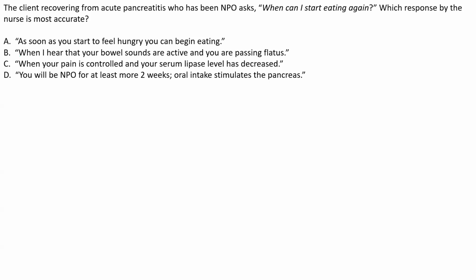So the healing process for the pancreas is indicated by two things: pain level has been under control or declined to the lowest level, and second, the enzymes have begun to decrease. So low enzymes and pain relief, two main indications to start PO intake, because these are indications that the pancreas healing process has started.